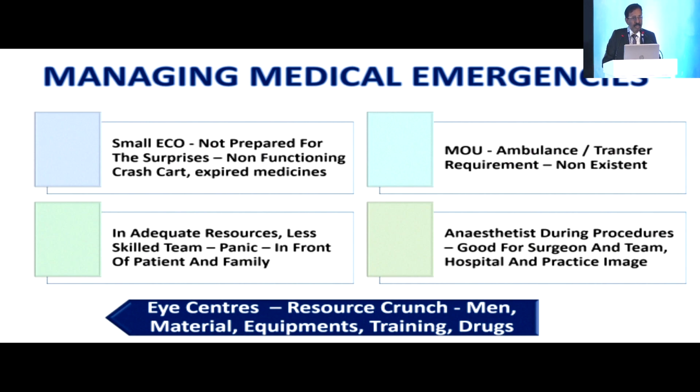The team is not prepared, either a single doctor or a two-doctor team. The moment there is a medical emergency, they panic, and that too in front of the patient and their family. There is also non-availability of a physician or anesthetist during complex procedures. Basically the resource crunch, particularly men, material, equipment, and lack of training, makes things worse.